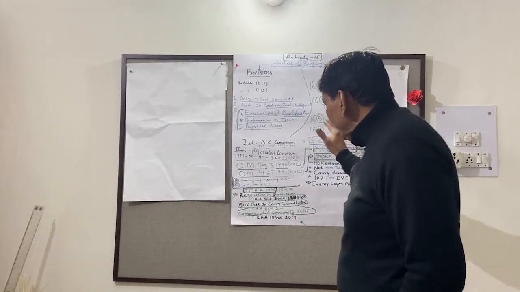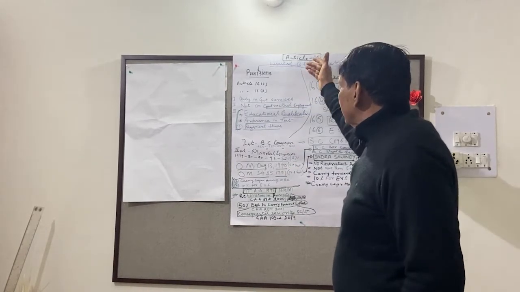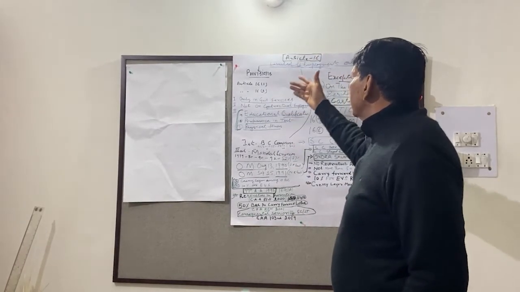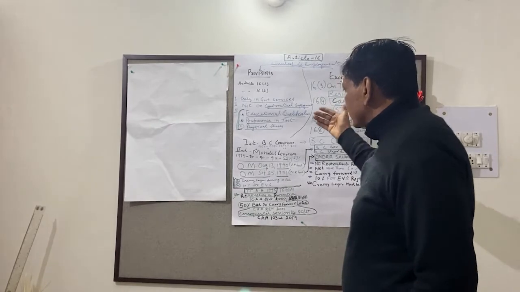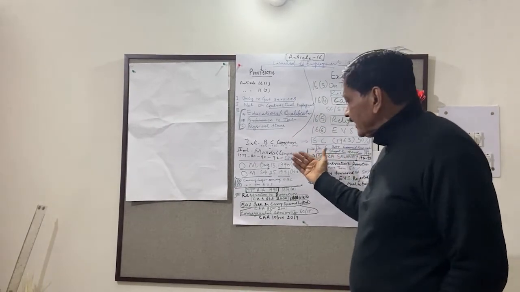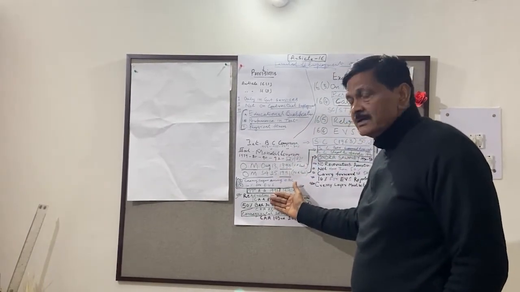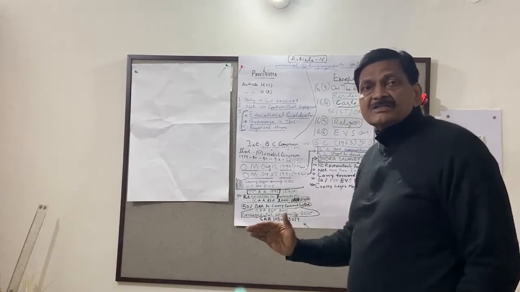So this is all about the provisions of the article, its exceptions, the Supreme Court cases, and the amendments carried out by the government. This is all about Article 16.